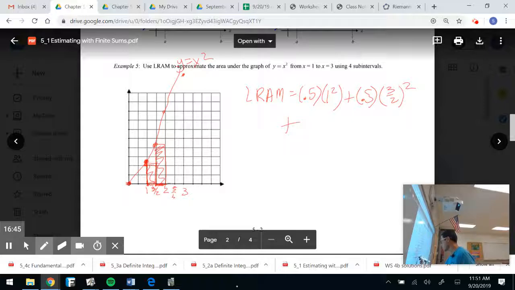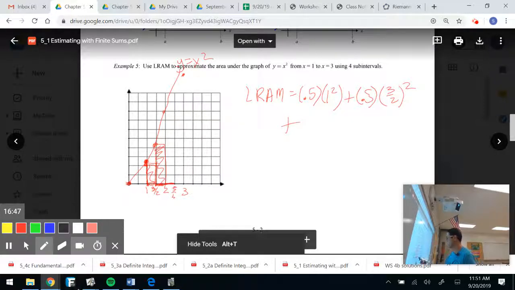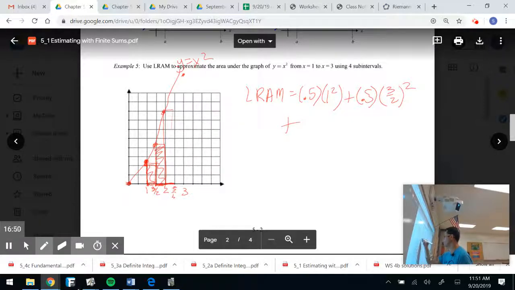Let's find the next one because it said 4 rectangles. It's still a width of 0.5, and then I'm going to go up to the curve. And I know my curve might not be drawn accurately, right, class? And that's going to be 0.5. What was that at? That was at 2. So that would be 2 squared or 4. I'm showing all the work here for the first one that I do. And then the last rectangle would be there at 5/4.